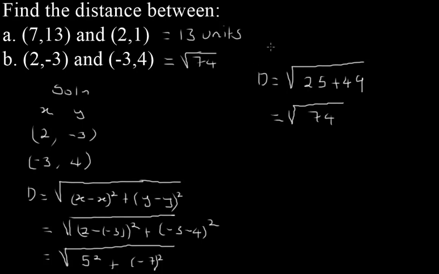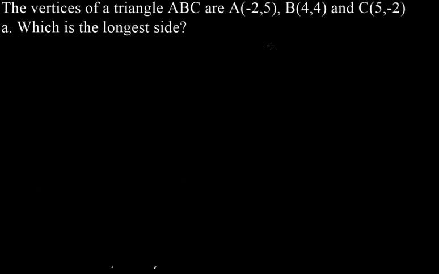So let's look at 2 more examples, and we'll be done with finding the distance between points in coordinate geometry. So here's a question, and the question reads, the vertices of a triangle ABC are A, negative 2, 5, B, 4, 4, and C, 5, negative 2.